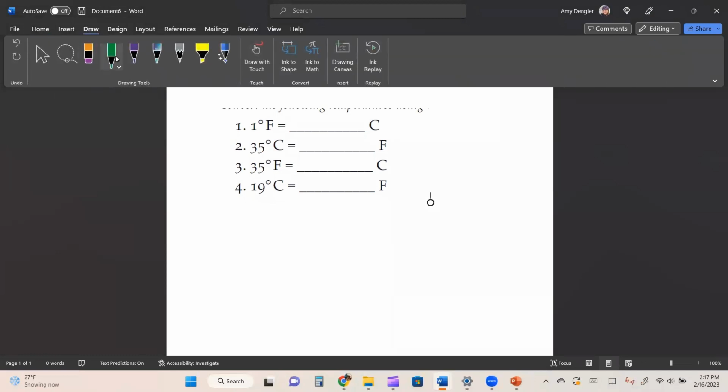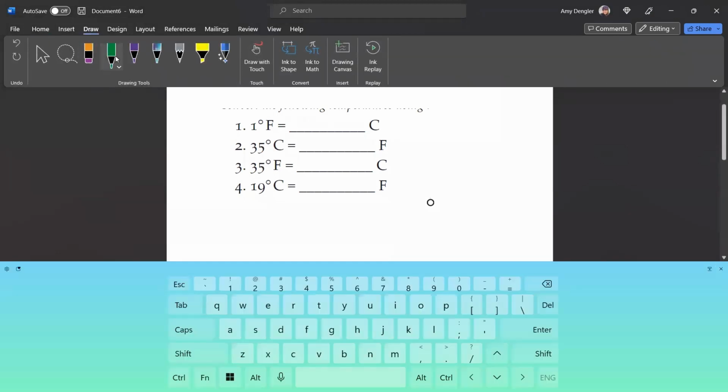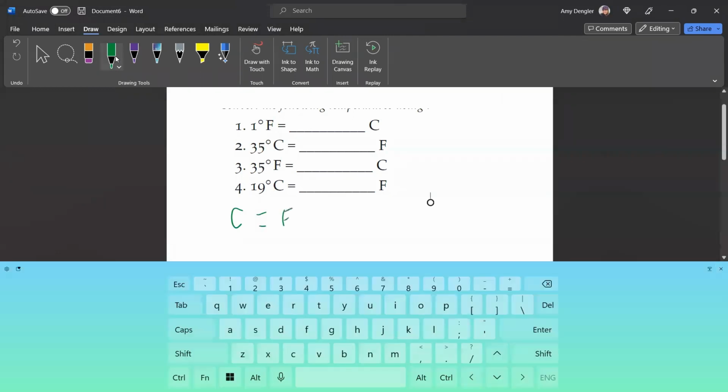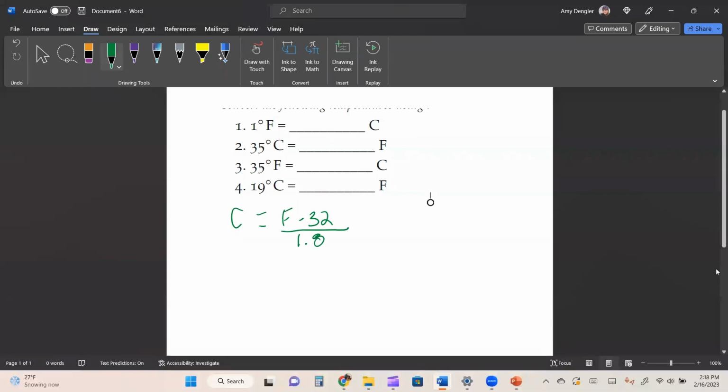So to do that, we're going to use the formula C equals F minus 32 over 1.8.